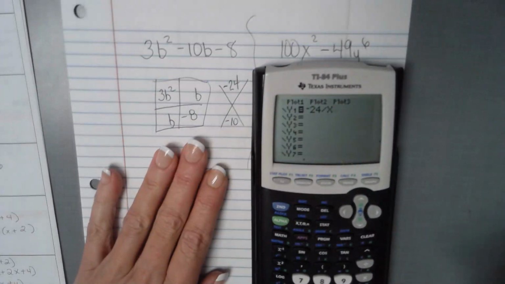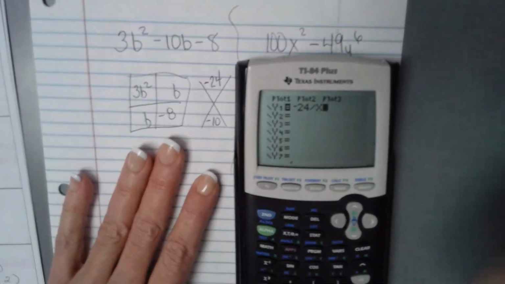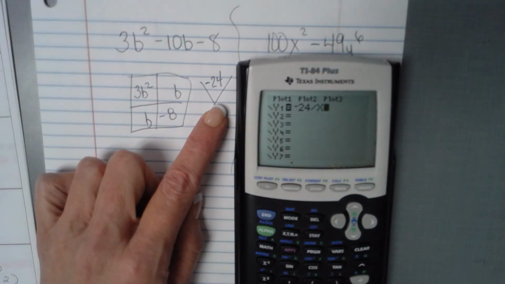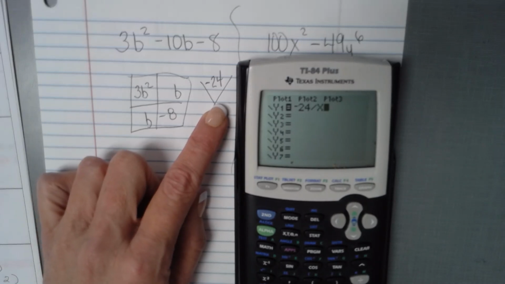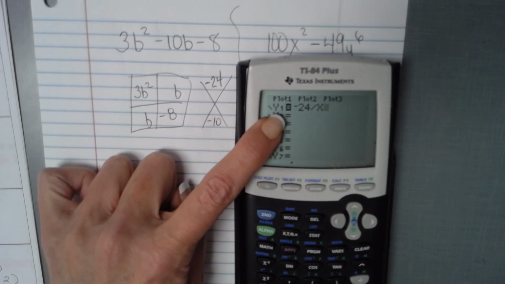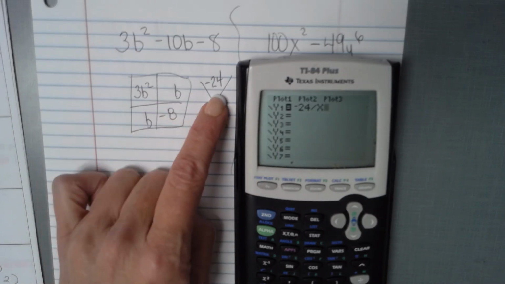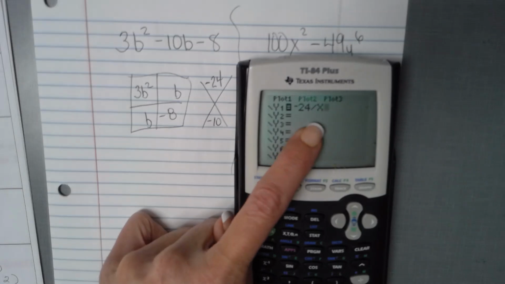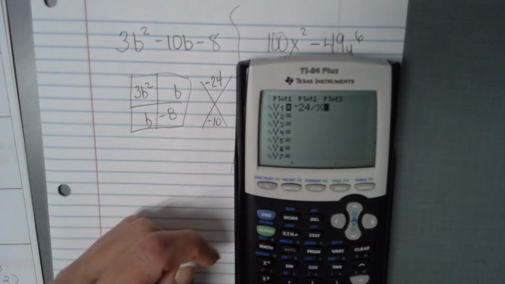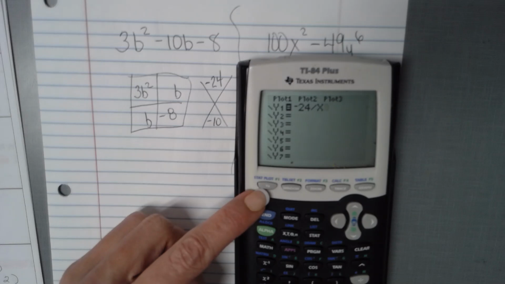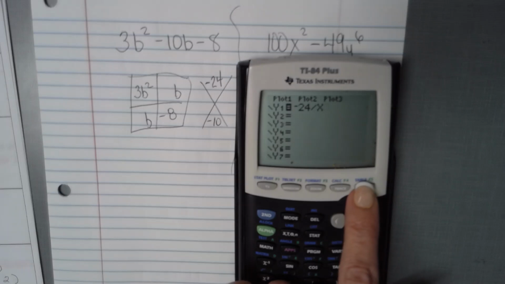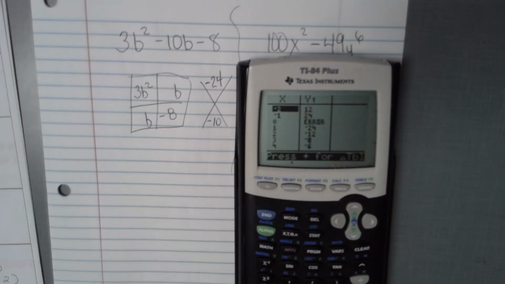Okay, this time I'm going to do a further demonstration. Folks, if you cannot find those factors on your own, I highly recommend that you try it, but if you can't, last resort is you go to y equals in your calculator. You put this term, the one on top, negative 24 divided by x in your calculator under y equals. Then you go to your table, which is the other side here, and you have to press the second button.